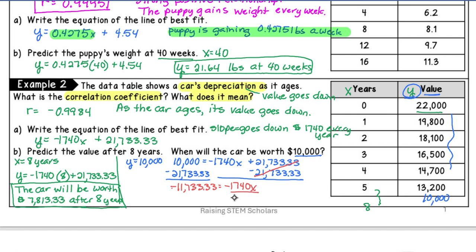We've got to get rid of that coefficient in front of x, so I'm going to divide by negative 1740. And then it's going to give us our x value. Okay, so that cancels.